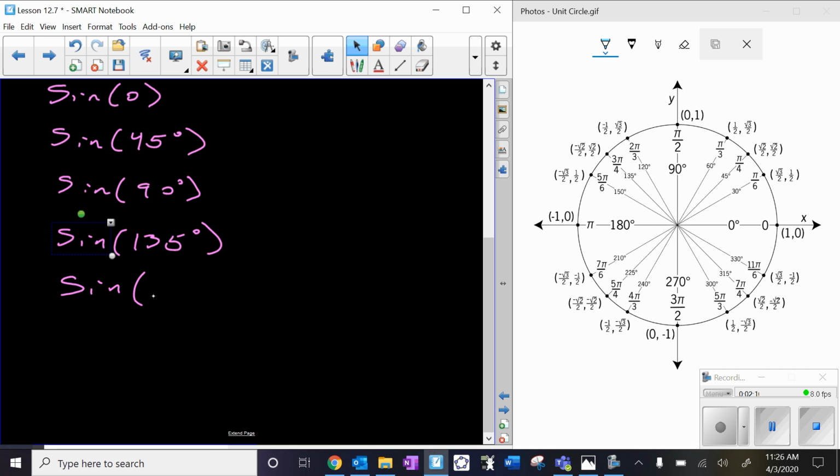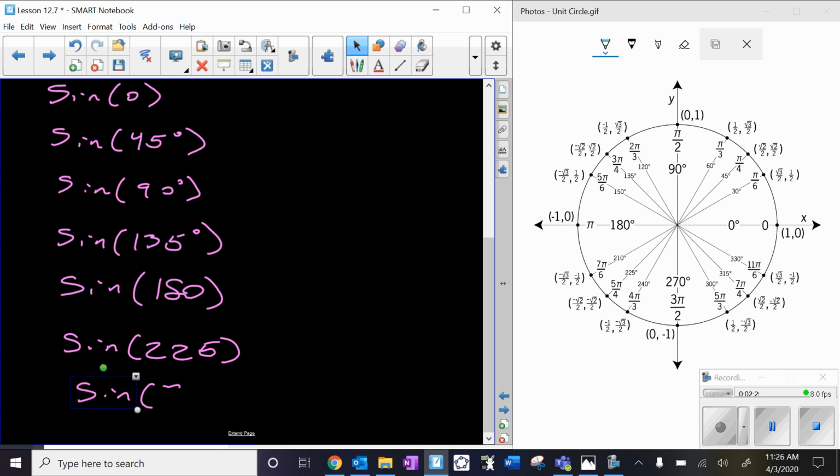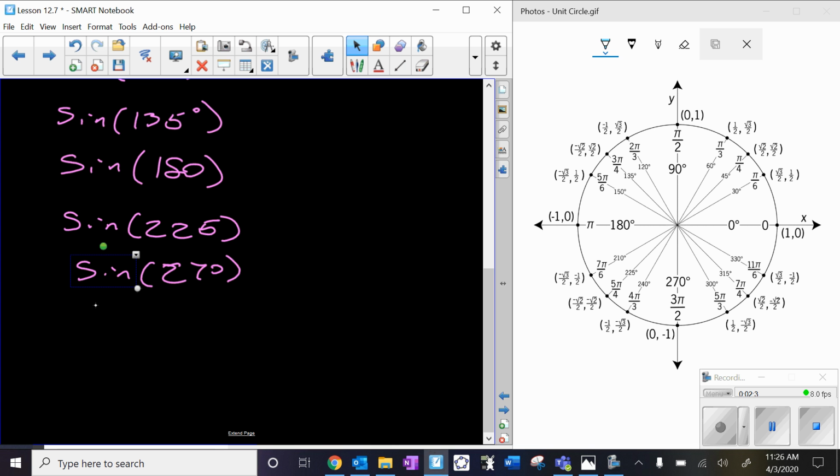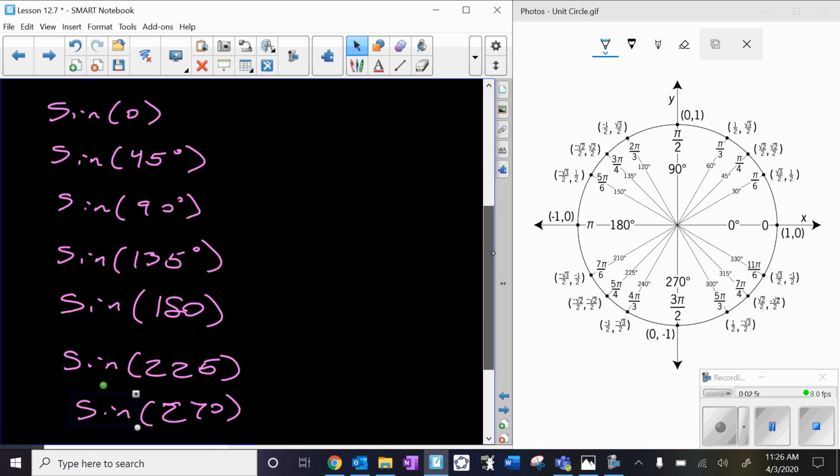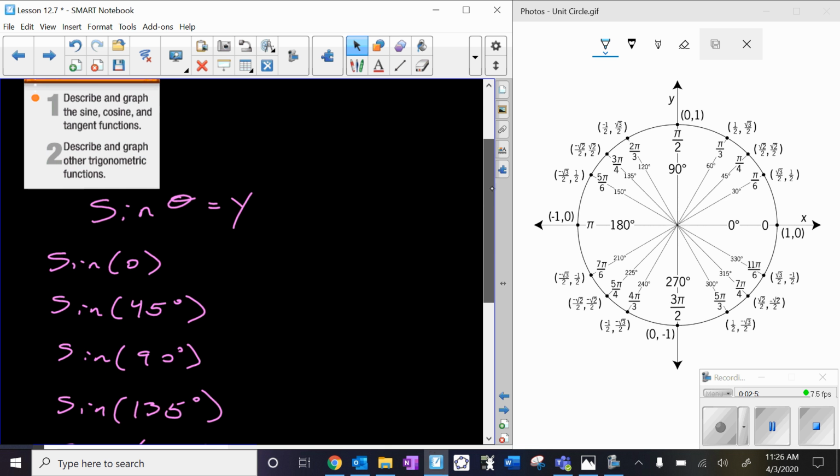Sine of 180, sine of 225, sine of 270, and two more: sine of 315, and sine of 360. Once I get to 360, we really should start to repeat ourselves.